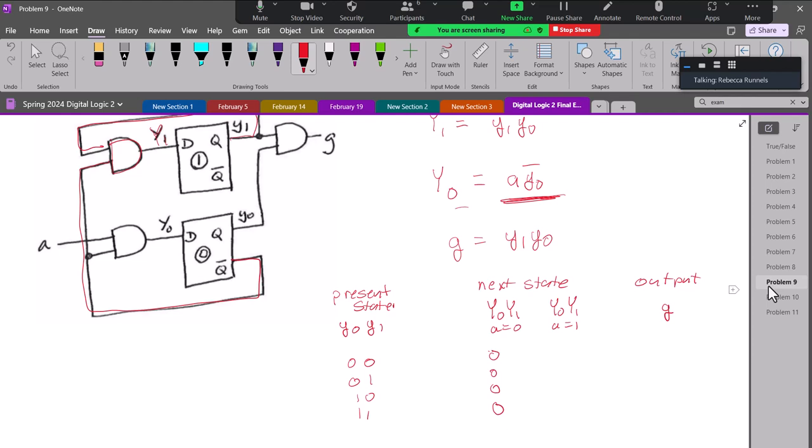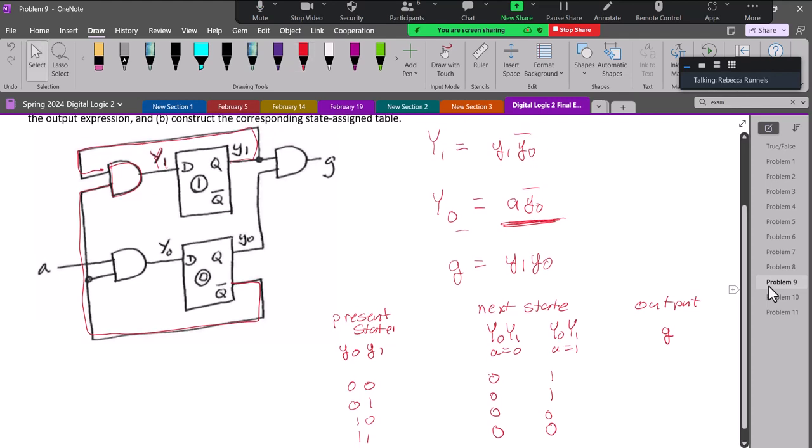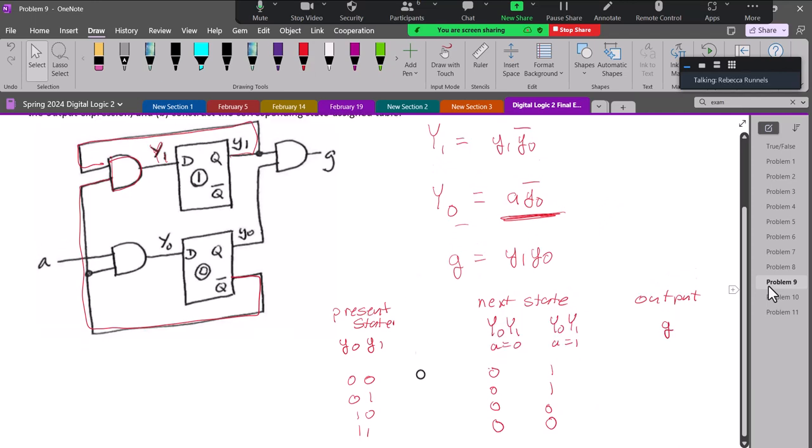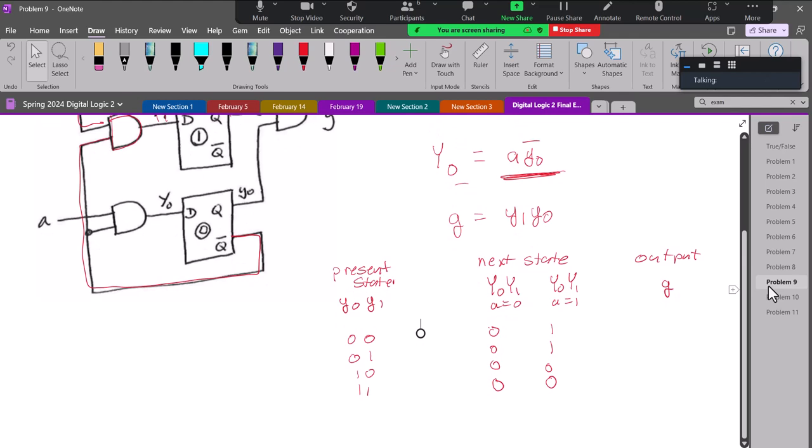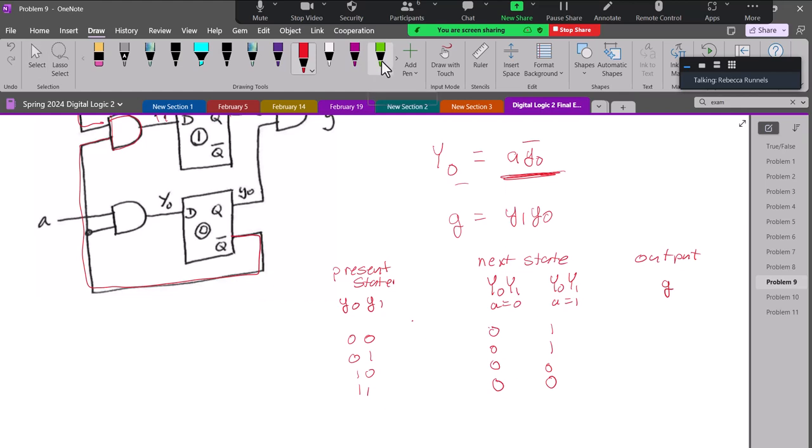When A is 1, it'll be 1 and y0 not, so it'll be the not of y0. y1 is the and of y1 and y0 not. I'm going to just do this for myself because I can't keep too many things in my head. I just made a little column of y0 not just so I can see it.